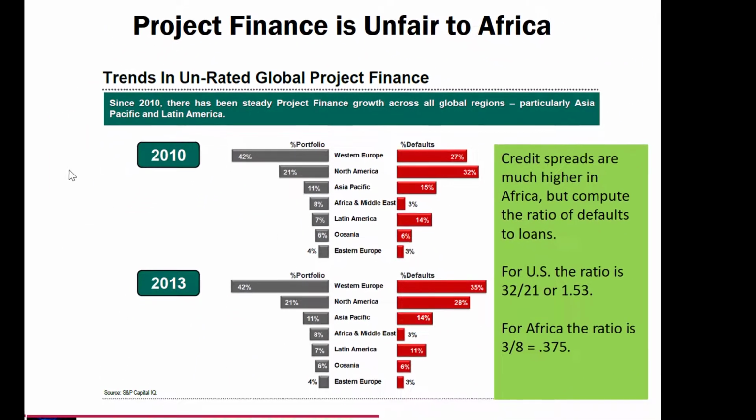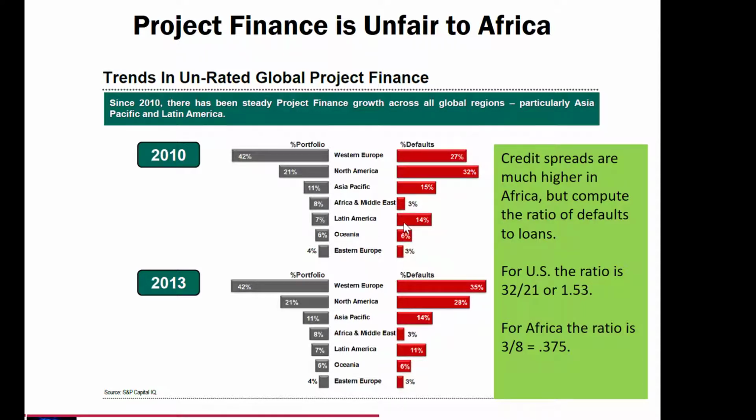And then look at this. How horrible is this? Here is North America. 21% of the loans, I don't know, in volumes or numbers or whatever, 32% of the defaults. Guess who gets the lower credit spread? And then Africa, only 8% of the loans, but only 3% of the defaults.